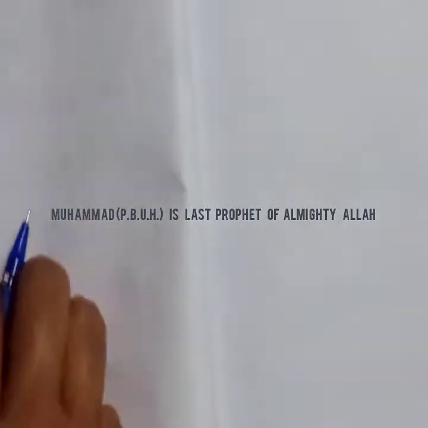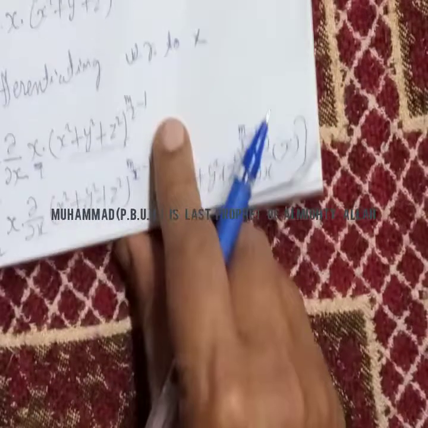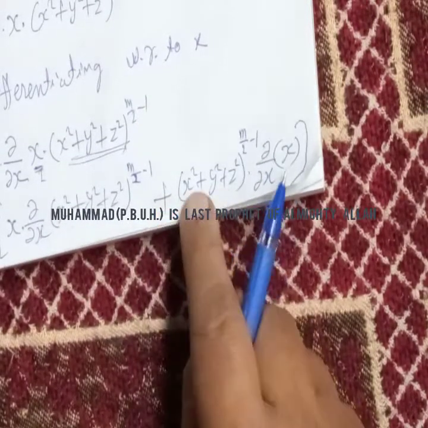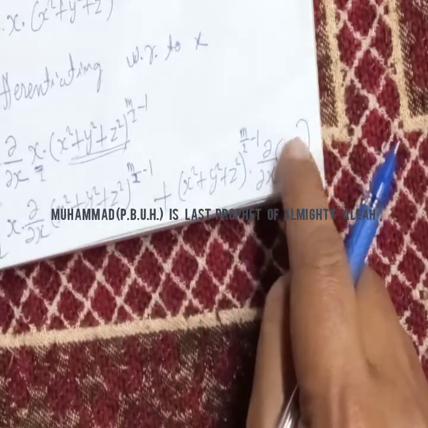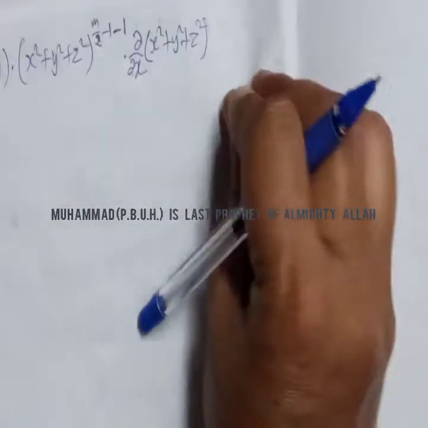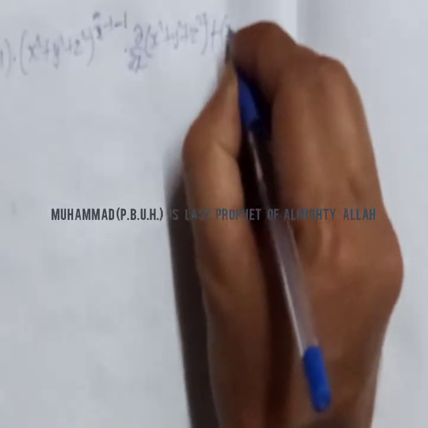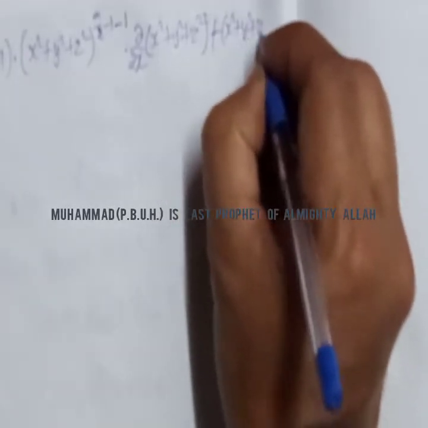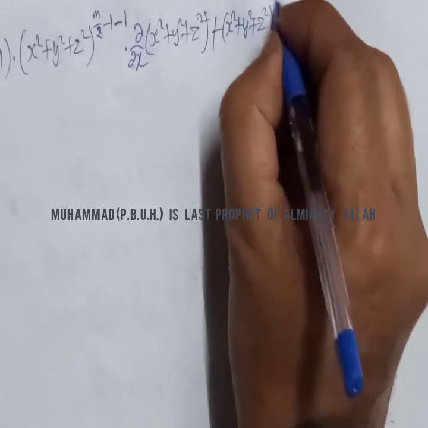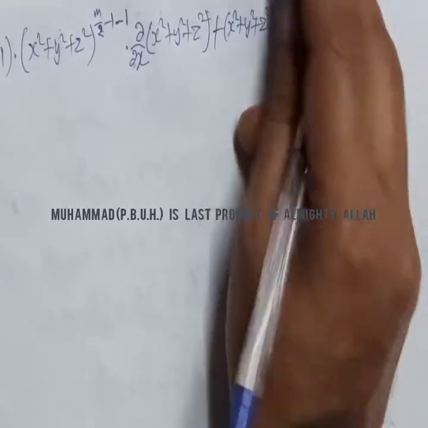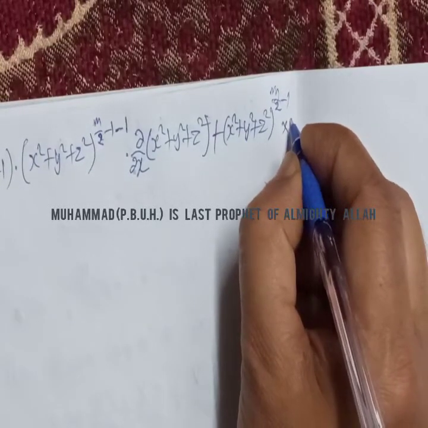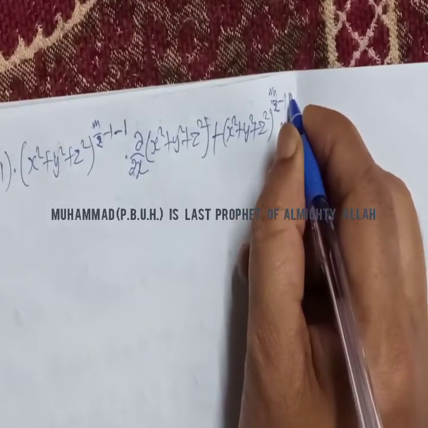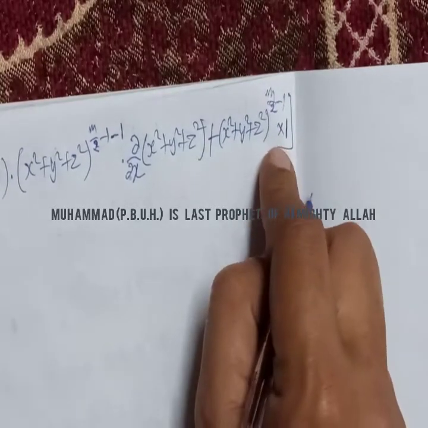Now we go to the next term, which is plus, positive. I write this value, and differentiation of x with respect to x is equal to 1. So I write plus (x² plus y² plus z²) whole power m by 2 minus 1, and differentiation of x with respect to x is equal to 1, close bracket.